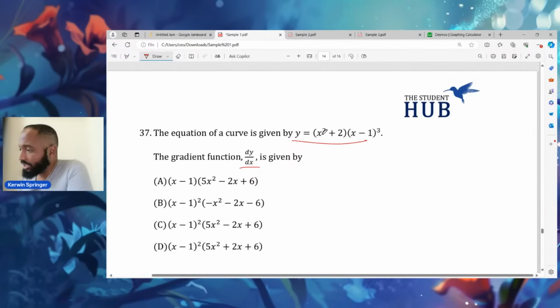So what's next? We can differentiate this using the product rule. The product rule says u dv dx plus v du dx, sorry.